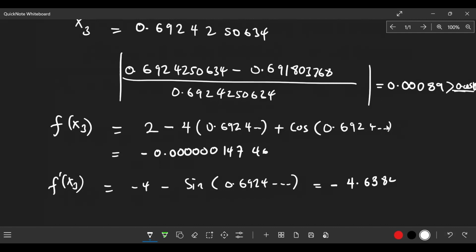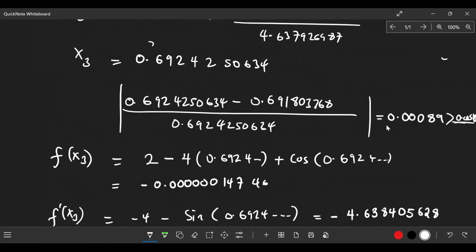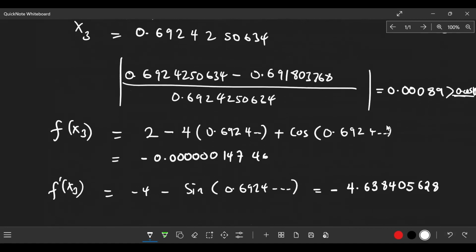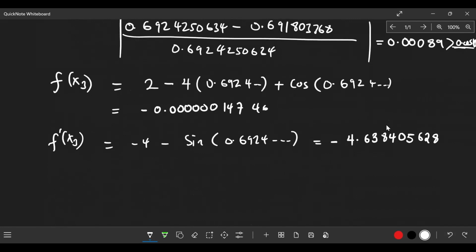So you notice that, yes, the derivative keeps on increasing. So I'm sure this time around, this is the last one we are finding. I think we've actually reached. Let's check, okay? So now let's substitute to get our x4.